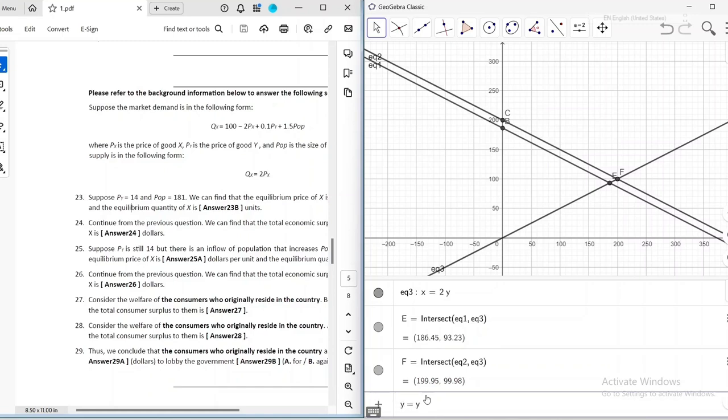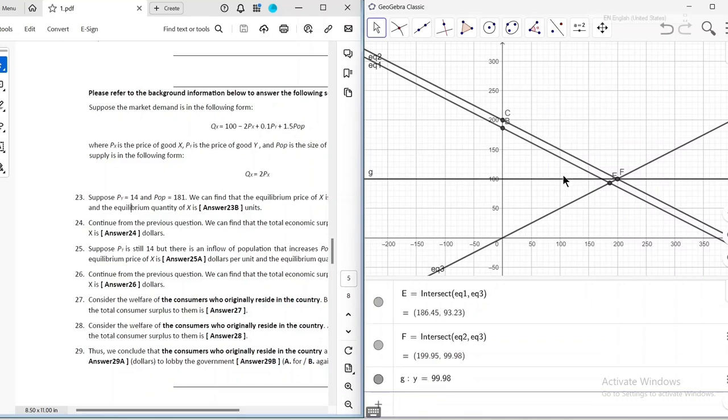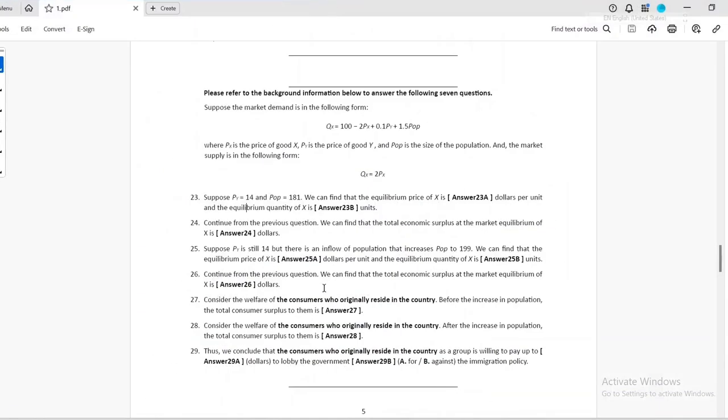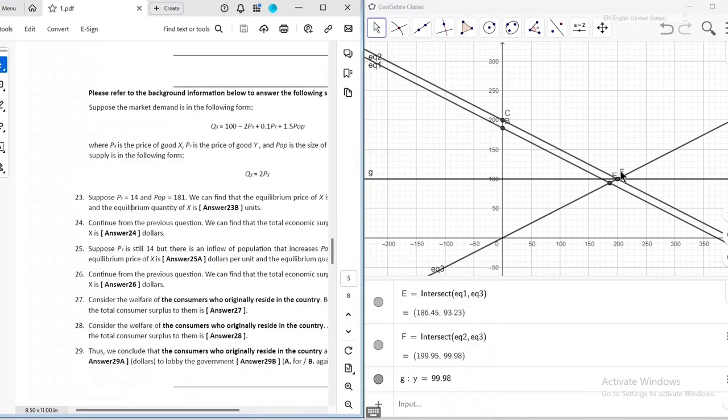So y equals y coordinate of F. Now as you can see, the question has asked about consumers who originally reside in the country. Okay, so we need to find out the consumer surplus with respect to the original demand curve, but the starting point should be after the increase in population. Okay, so let me show you what I mean by this.